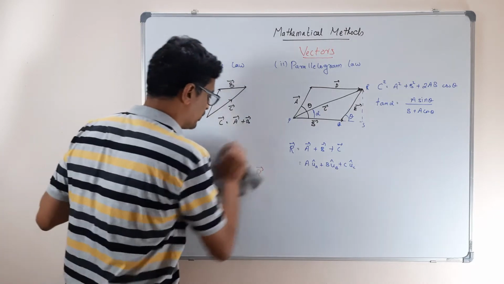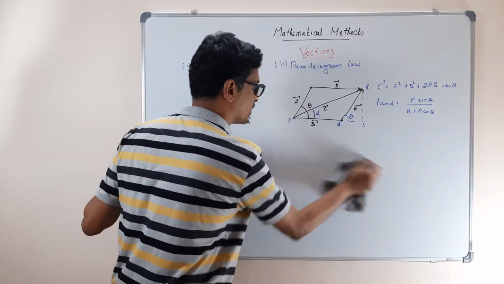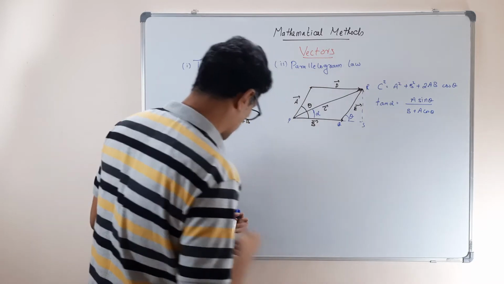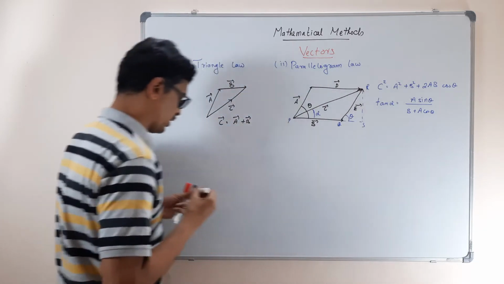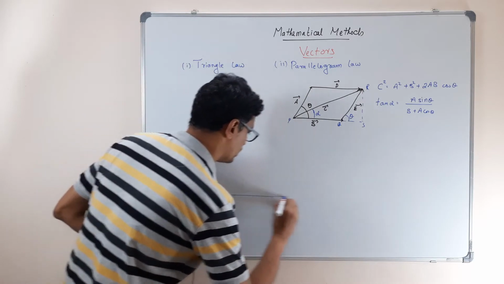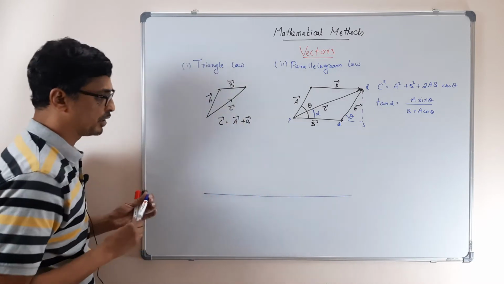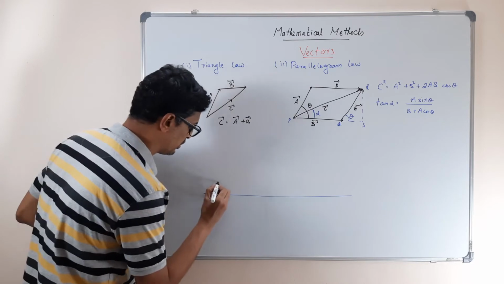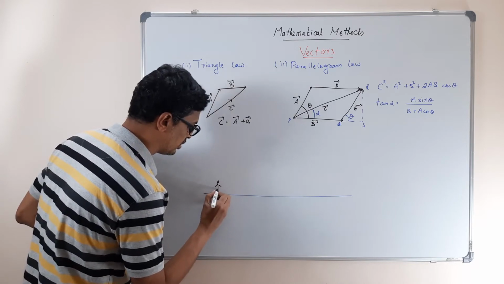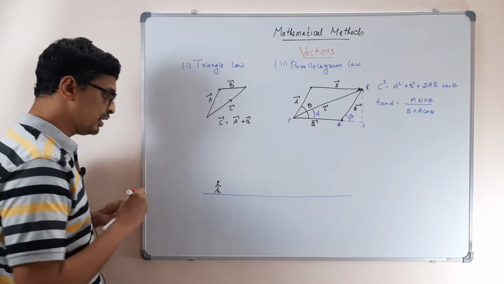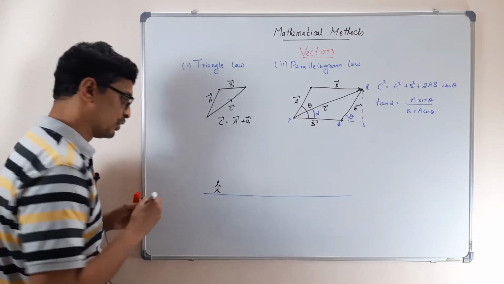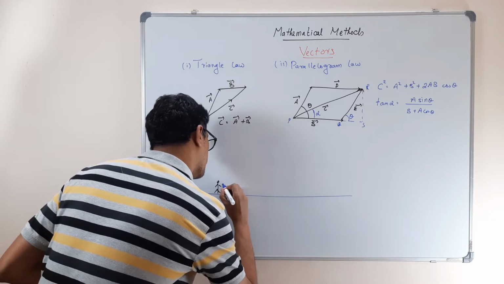A very simple and easy problem is, there's a boy standing on the ground, so this is the ground, and there's a boy standing here. He is going to throw a stone at a certain angle.